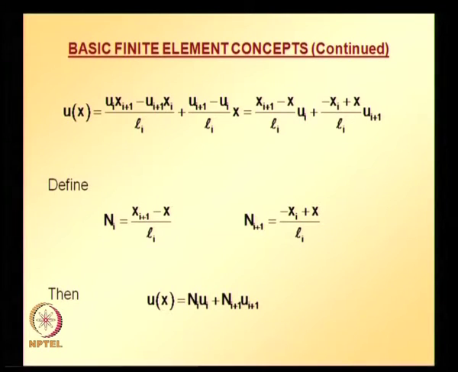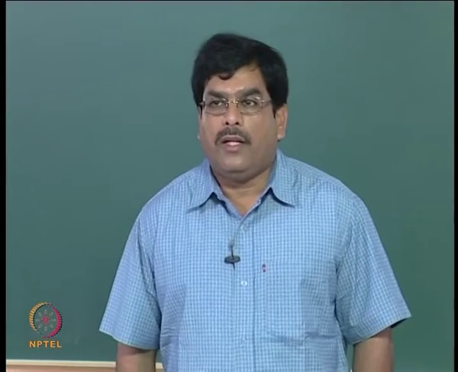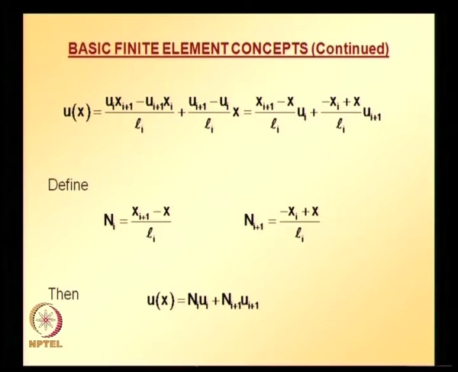If you see, this 1 and x are linearly independent, similarly Ni and Ni plus 1 are linearly independent. Shape functions should be linearly independent, and also if you sum up Ni and Ni plus 1, they will be equal to 1.